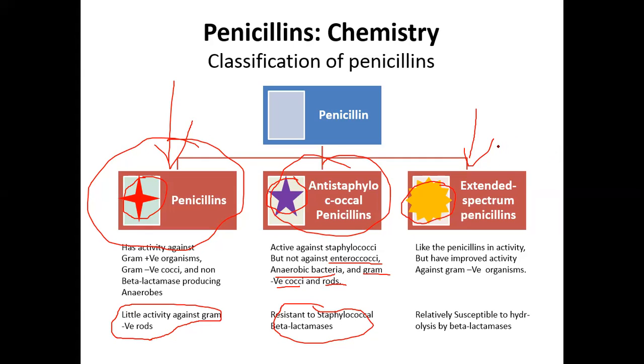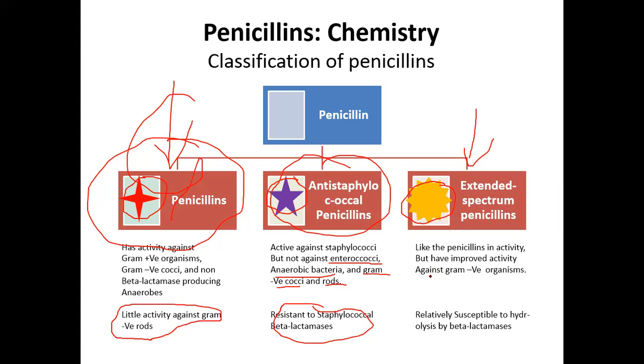Okay, and then we have the extended spectrum penicillins. Now, these ones, like the penicillins, like these penicillins here, where we have penicillin G, like the penicillins in activity, that means they work against gram-positive organisms. They work against gram-negative cocci.